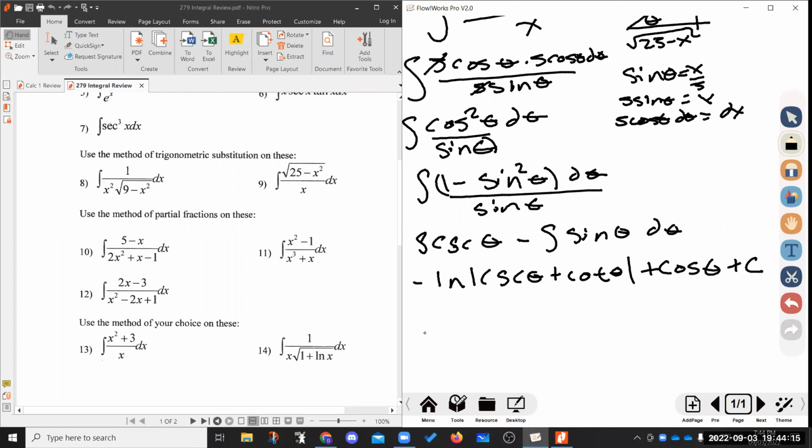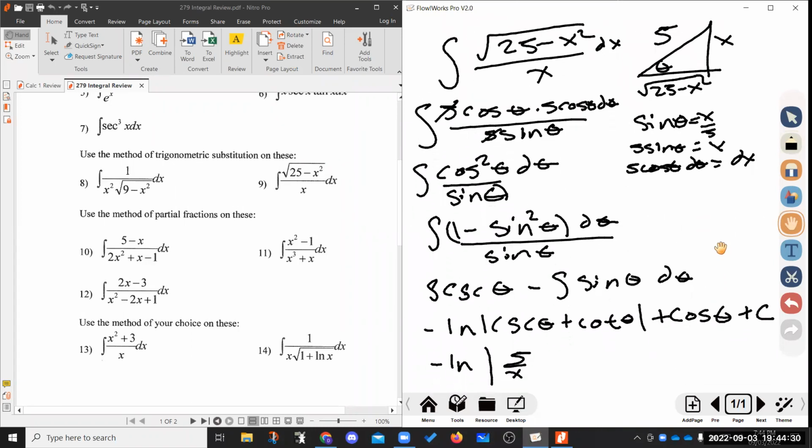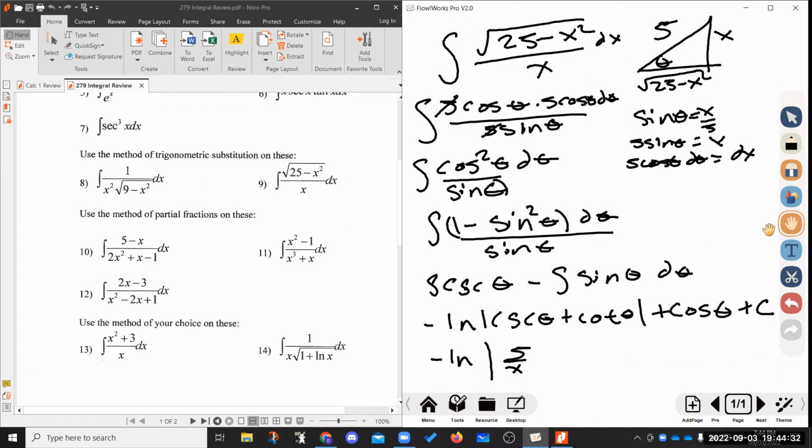We're going to come back to our triangle, and we're going to see that cosecant is going to be the reciprocal of sine. So that's going to be 5 over x. Cotangent is going to be adjacent over opposite. So that's also going to be over x and be root 25 minus x squared there.